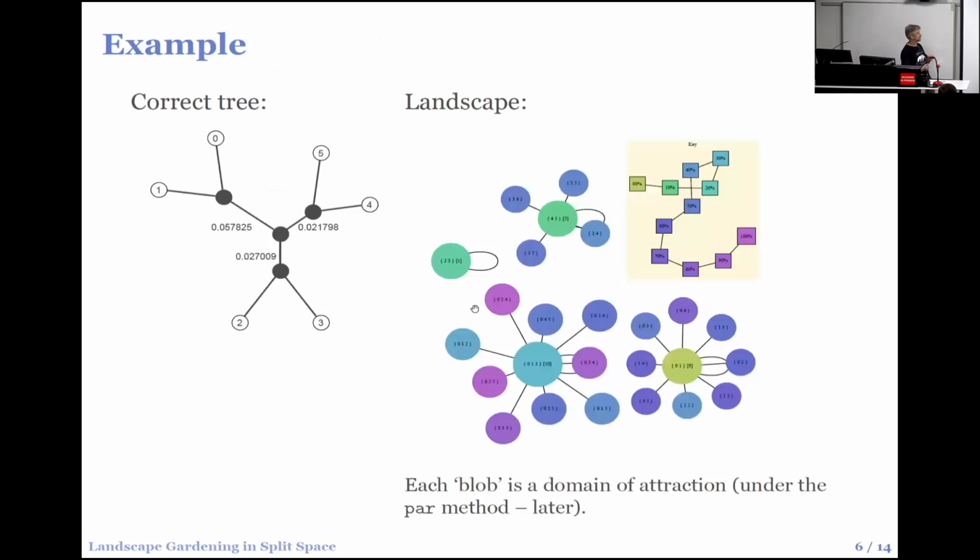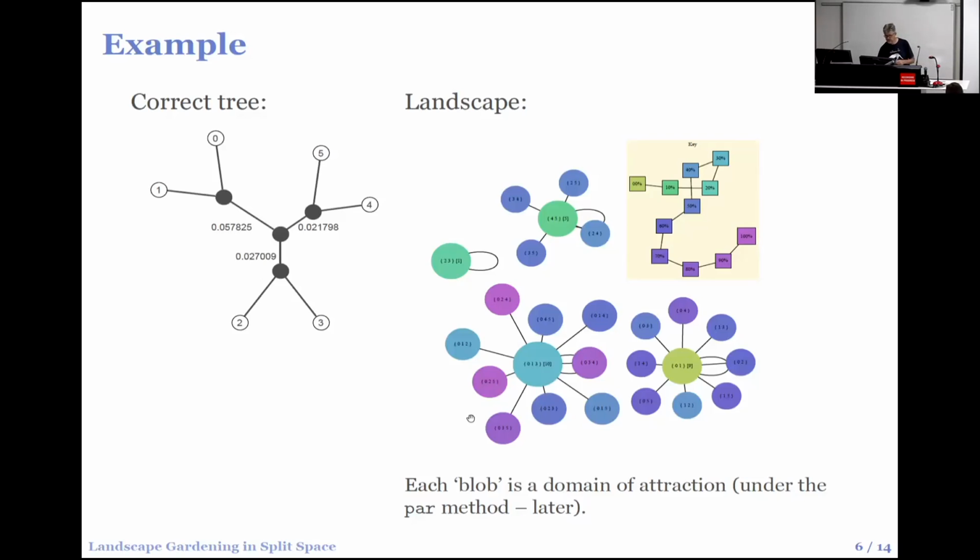Here's a little toy example. Well, it's a real one from the experiments, but it's very tiny. I've got my correct tree on the left. I think you can see the leaf labels, 0 to 5. I haven't labeled the internal nodes, sorry. I've got the branch lengths given there, 0.05, 0.02, that kind of stuff. And on the right, I've got my landscape.